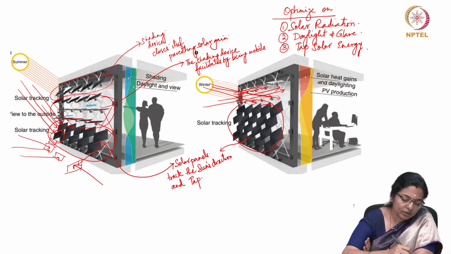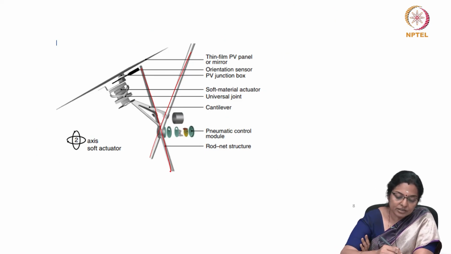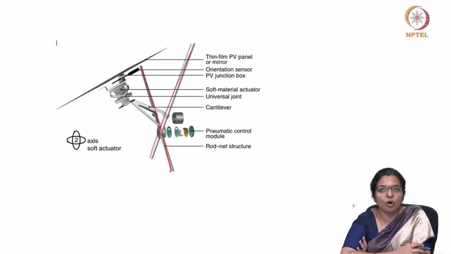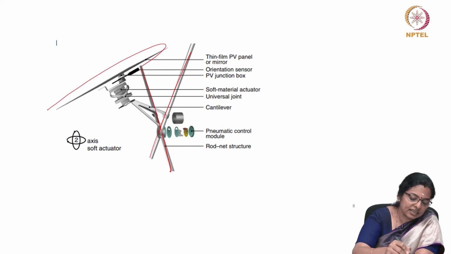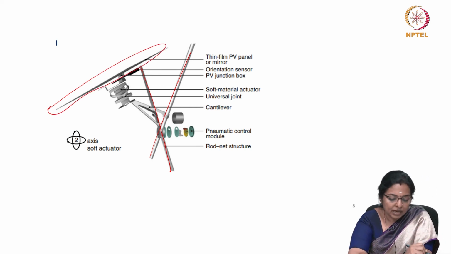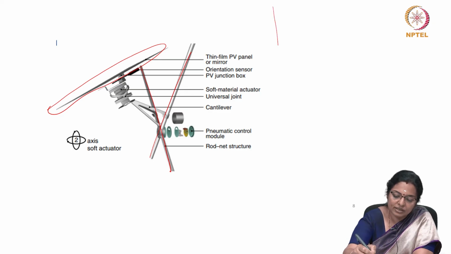Here you can see these braces, and so it is mounted on these lightweight rods, which is a structure supported on the facade, and the outer layer is the glazed panel which can be moved. We will not go into the technical details of this, we will only get into the conceptual things.